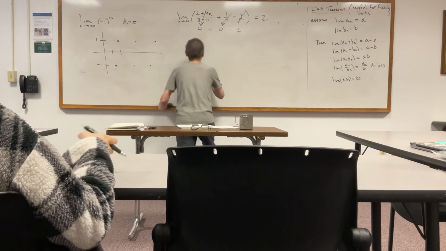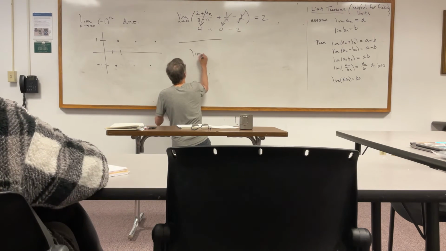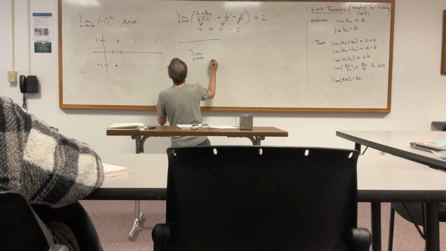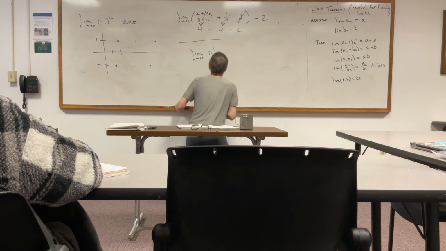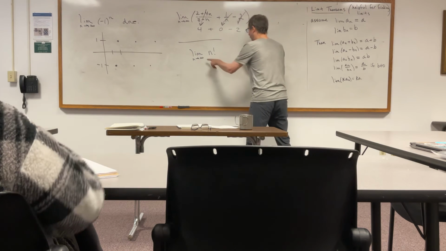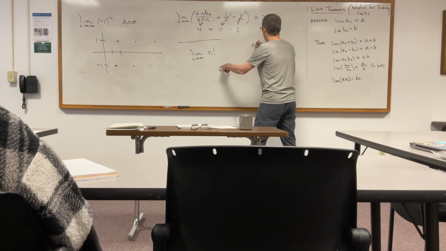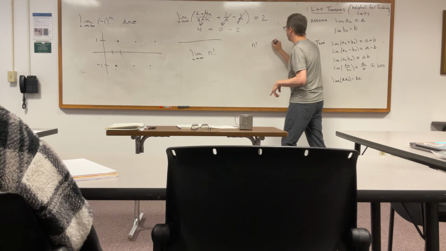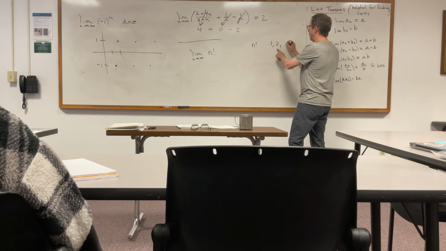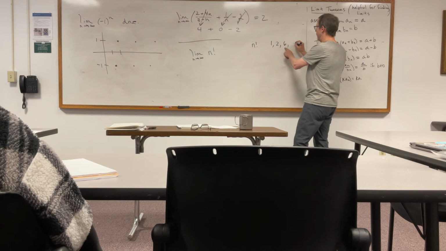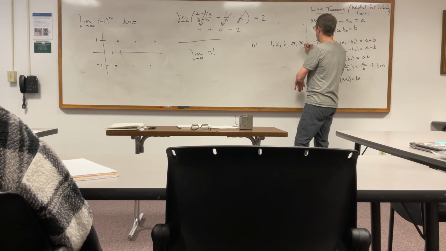What about the limit as n goes to infinity of n factorial? So we look at the sequence. When n equals 1, we got 1. When n equals 2, we're at 2. n equals 3, we're at 6. Then 24, 120, 720.